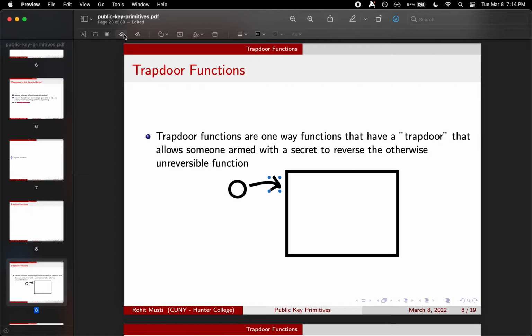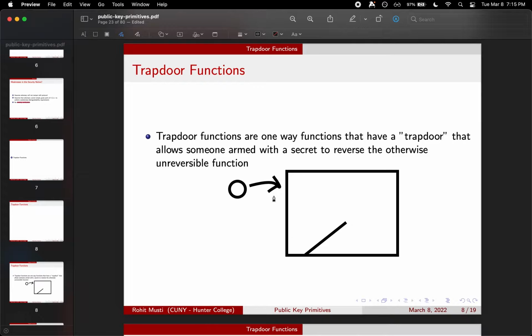Well, if you've got a hidden trapdoor right here that allows someone to enter the room, then if you know about this trapdoor and you have the key to access it, you can go in that room and get the messages.